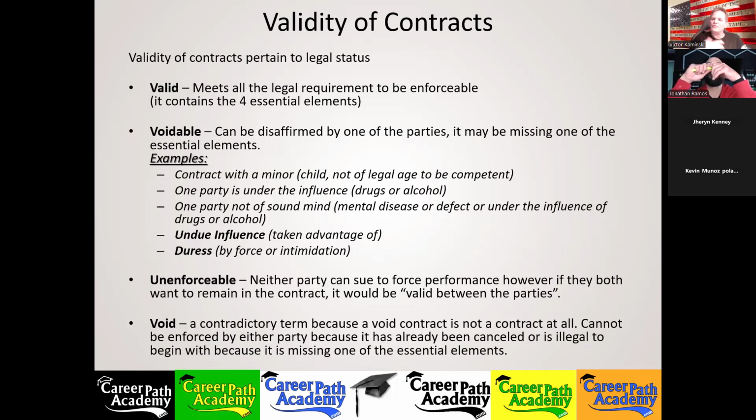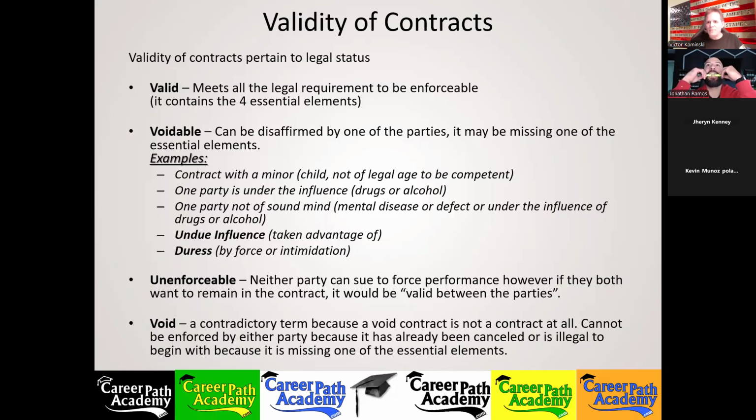And they agree upon a price, and they're both drunk. It's all drunken banter, right? And they agree to sell the property, and then they put it in writing, but they're both drunk.